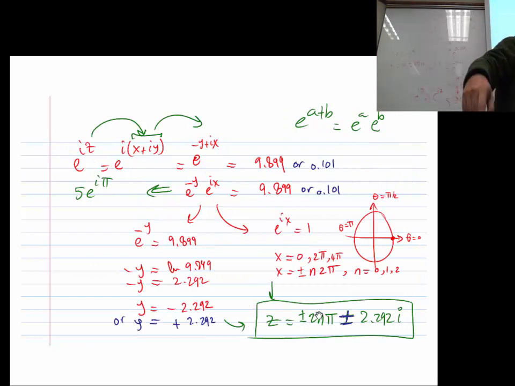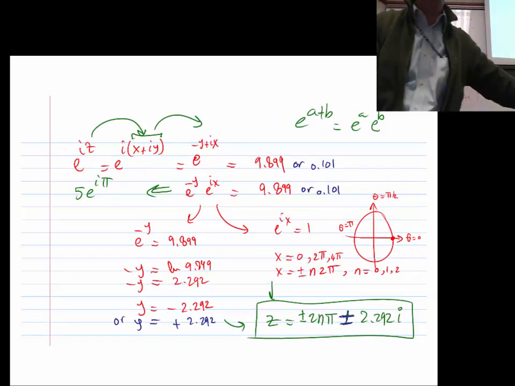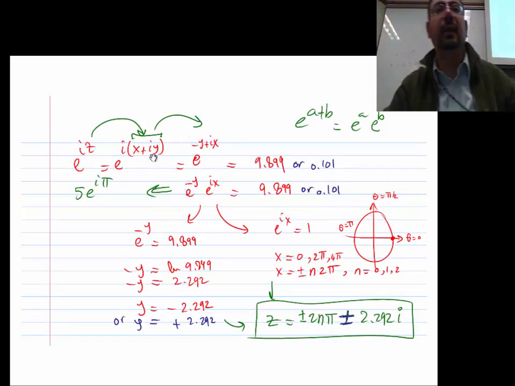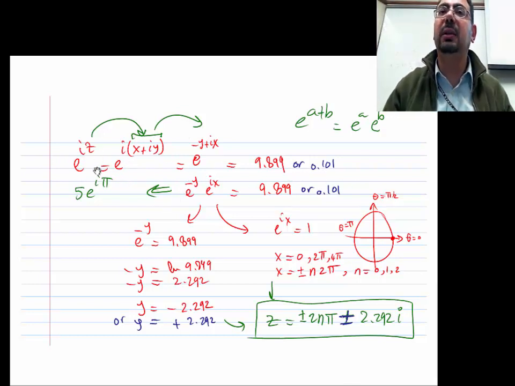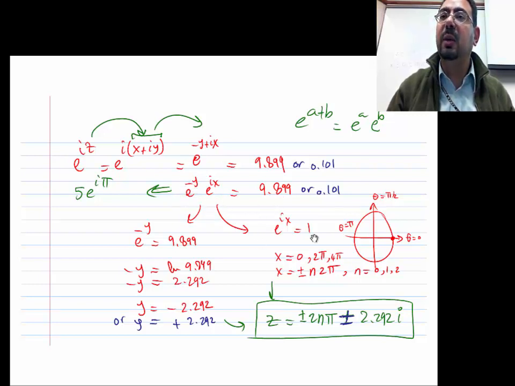Right, and so this is the detail of what we did. This is explaining it in detail. When we said e to the power iz is this or this, that means e to the power ix plus iy is this, and this breaks into e to the power minus y and e to the power ix, and then the real is this and the imaginary is this. And so if the real is this, that makes y equal to that, or that, depending on 9.8 or 0.1.